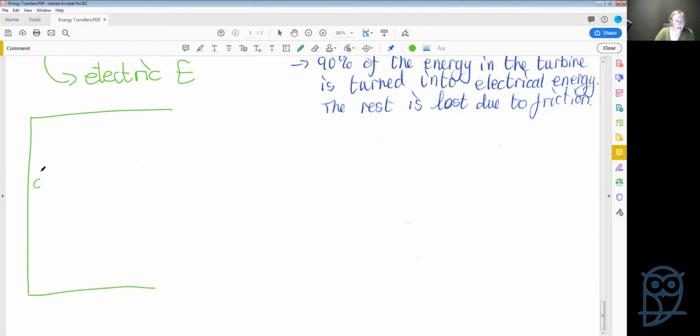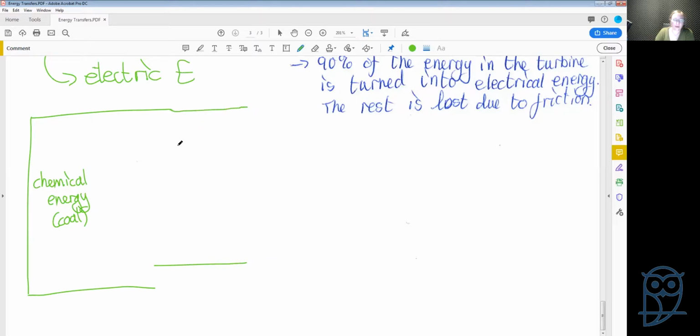So here we've got the chemical energy from the coal. So 90% of this, so that would be that much, goes on.